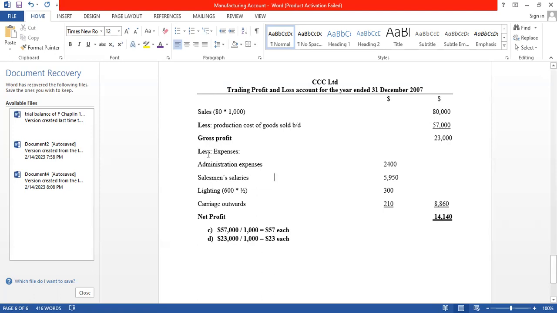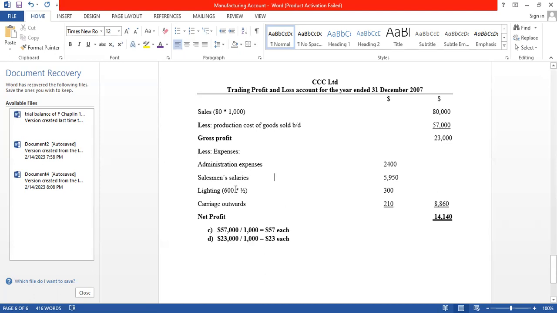Now, the format goes on to say that we should less or subtract the expenses. All the expenses that we have here are the ones that are provided in the question for us. The administrative expenses amounted to $2,400. The salesman salaries, $5,950. Lighting, 600 times a half will give us $300.